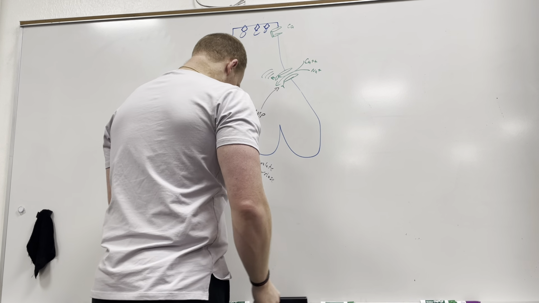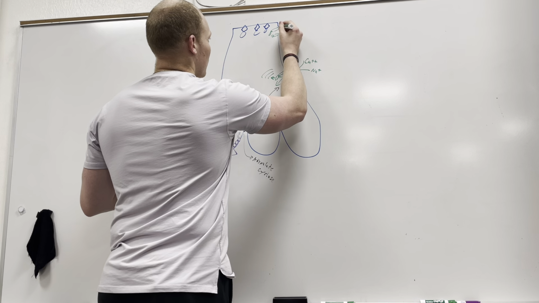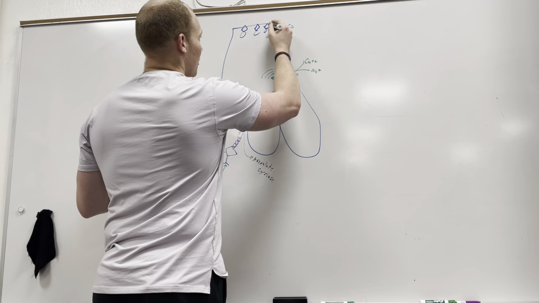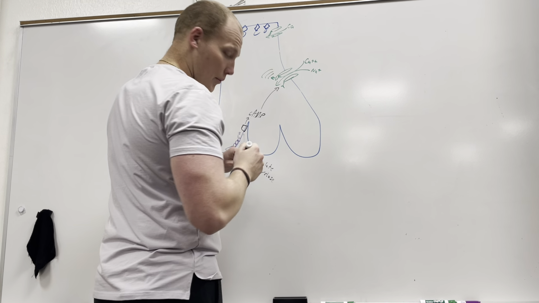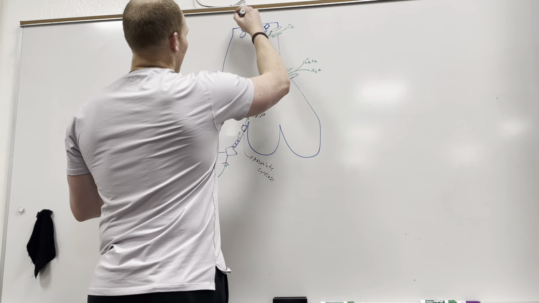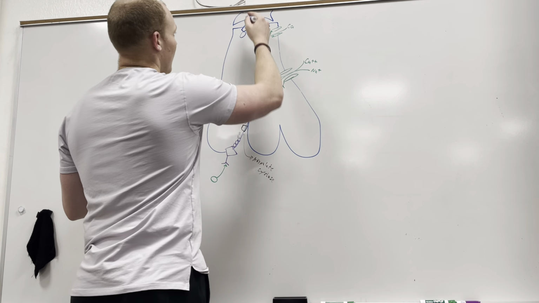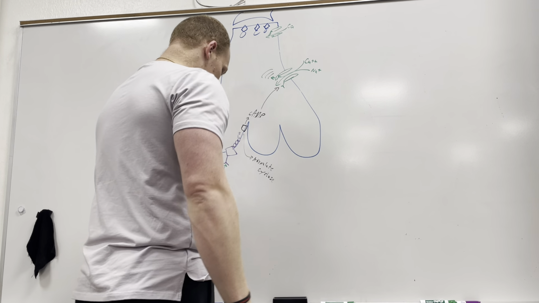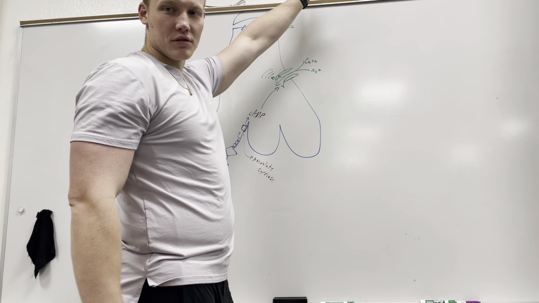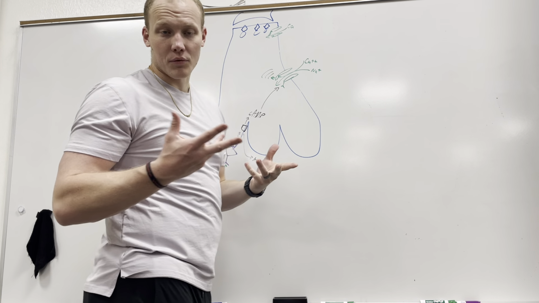Calcium comes in, this opens, calcium binds here, and we release those vesicles to the nerve cell here. That's a nerve cell, and it'll trigger an action potential down the nerve. That's how the olfactory system works.